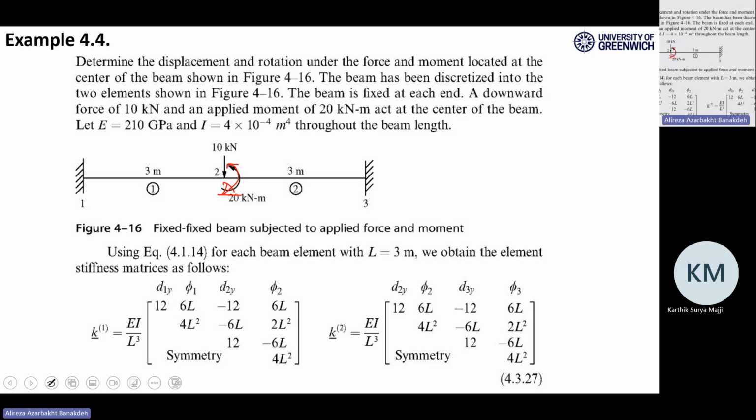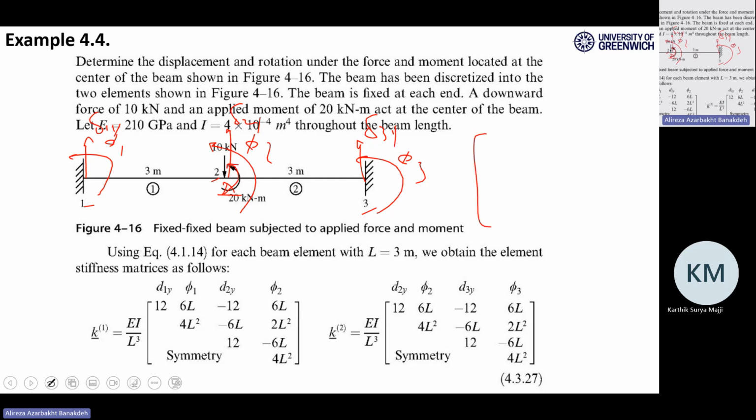You have 3 nodes, 1, 2, 3. So altogether 6 degrees of freedom, which means delta 1y, phi 1, delta 2y, phi 2, delta 3y, phi 3. And the whole matrix would be 6 by 6, right?